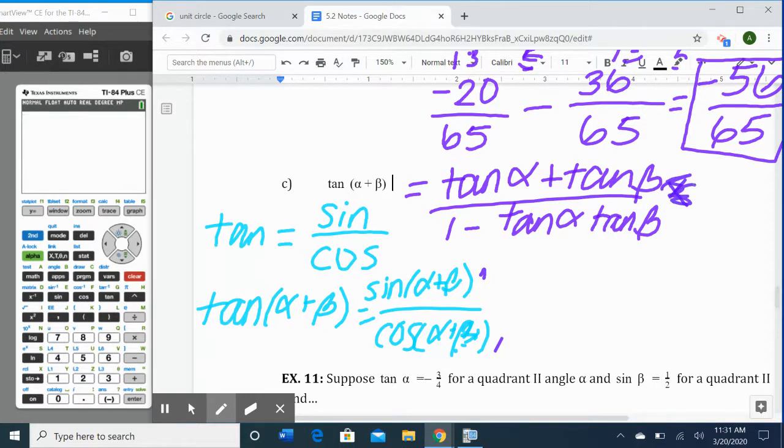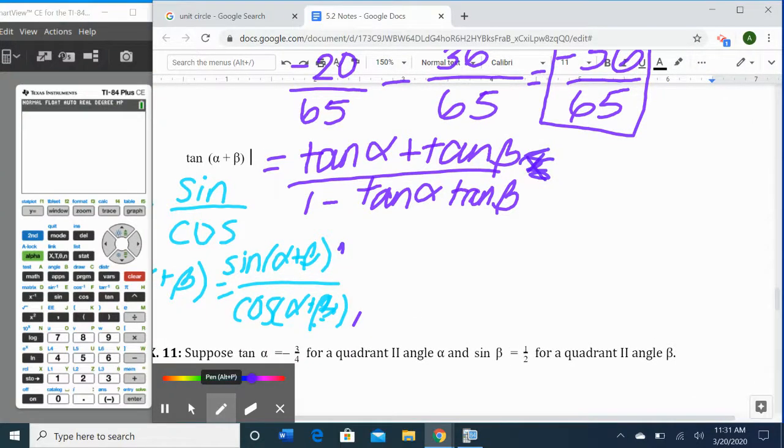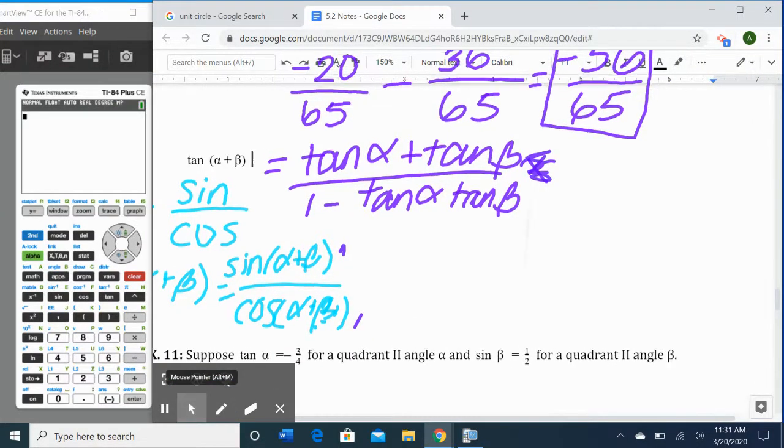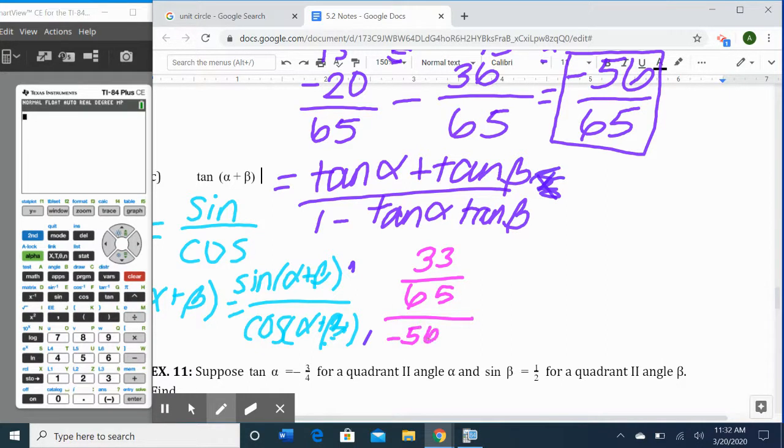Not that we couldn't use that formula, but if I already know sine and cosine, I can find tangent a little bit quicker. So the sine of alpha plus beta is 33 over 65, and the cosine is negative 56 over 65. I'm taking a fraction divided by a fraction, so another way I can write this is 33 over 65 divided by negative 56 over 65.